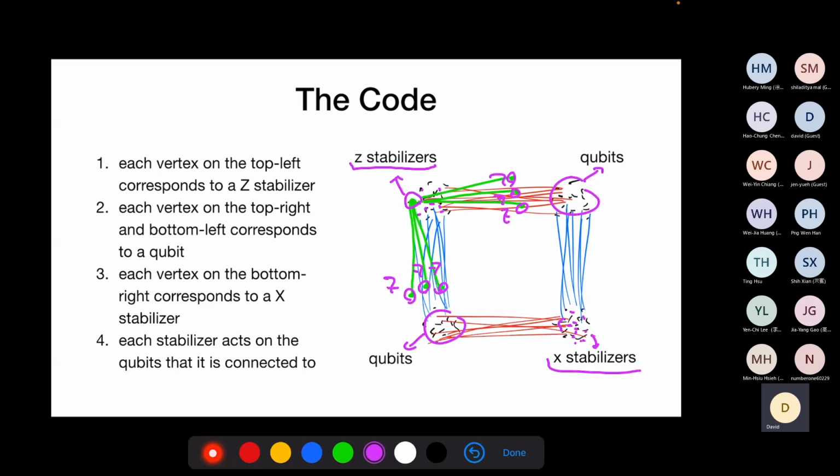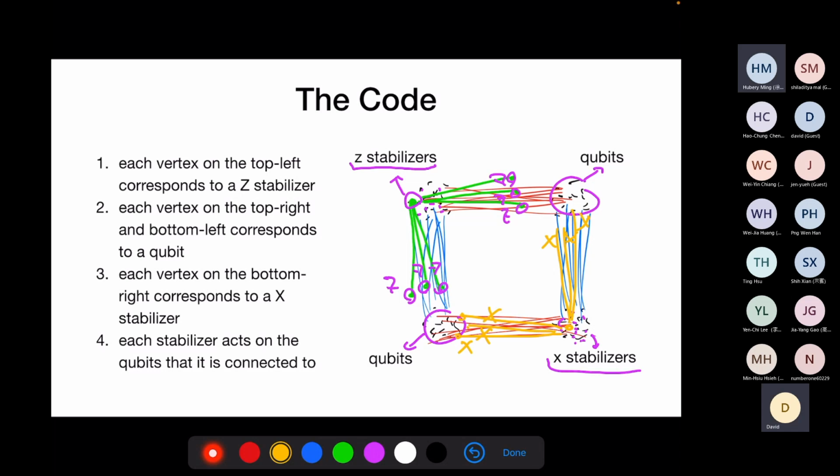And same for the X stabilizer. For each X stabilizer, you look at the vertices that it connects to, and those are the qubits the stabilizer acts on. So it acts on different qubits, for example Z1, Z2, Z3 corresponding to qubits 1, 2, 3.